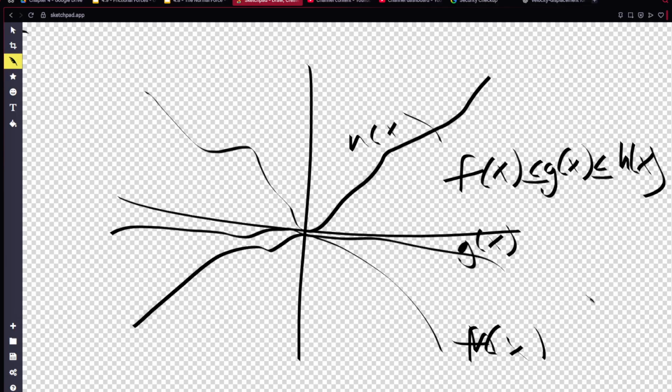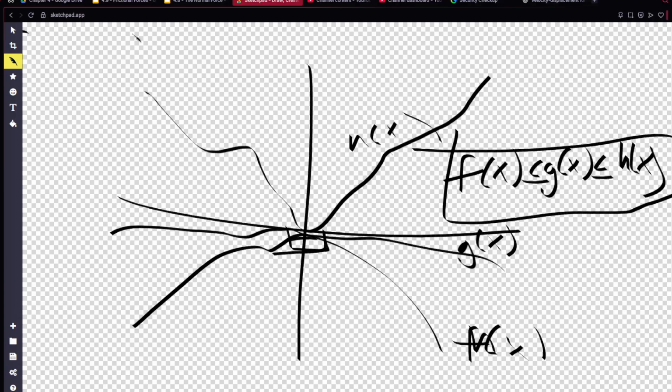The first rule of the squeeze theorem is that this inequality must hold true when x is in an interval around a. Right here, we see that it holds true because h of x is greater than g of x, and f of x is less than g of x.